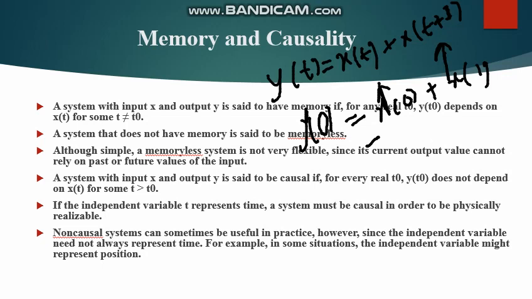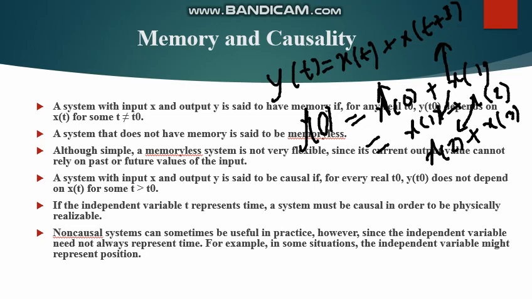Now putting the value 1: x(1) plus x(2). Putting the value 2: x(2) plus x(3). In each of the values we can see there is a certain previous value. So it is also a causal system.